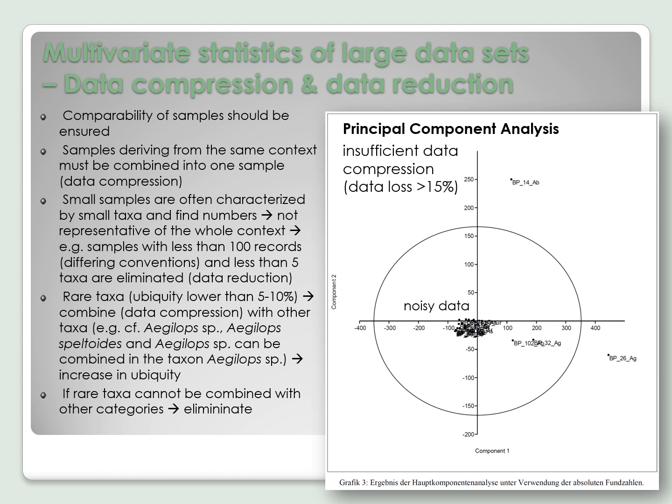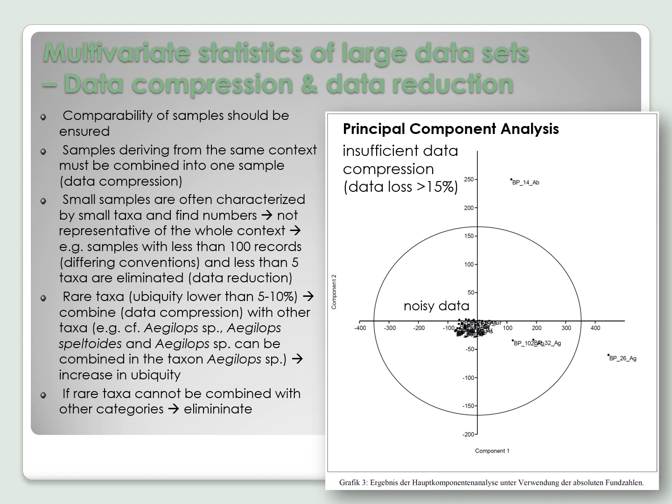This is called data compression and reduction, or data manipulation. The first step in data manipulation is to check whether two or more samples derive from the same archaeological excavation unit and represent the same structure that has been sampled several times.